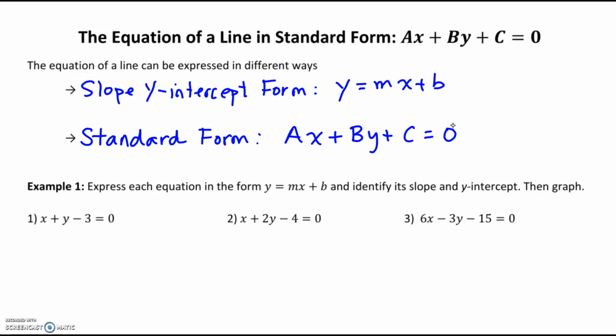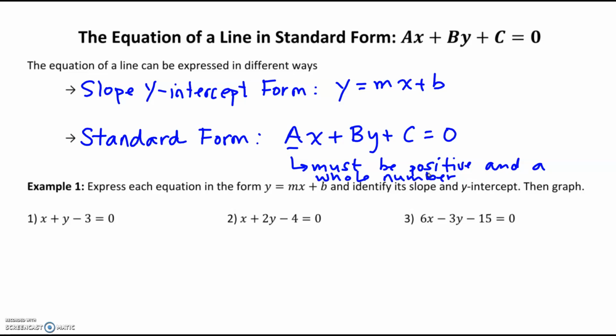And in standard form, a must be positive and a whole number. Now that's more important when you are going to be converting an equation into standard form. In this lesson we won't be doing that.